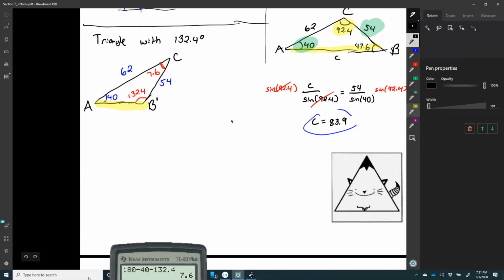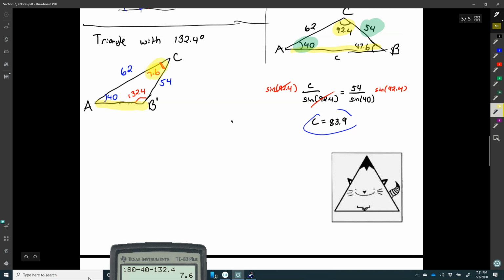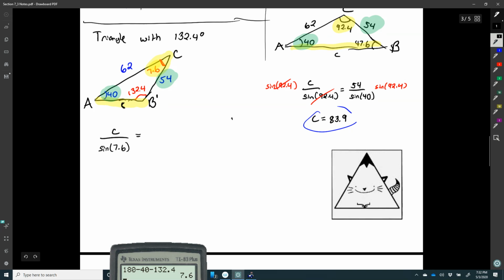So using the law of sines again, this angle is the opposite angle. So lowercase c over sine of 7.6 is equal to 54 over sine of 40. Multiply both sides by sine of 7.6.